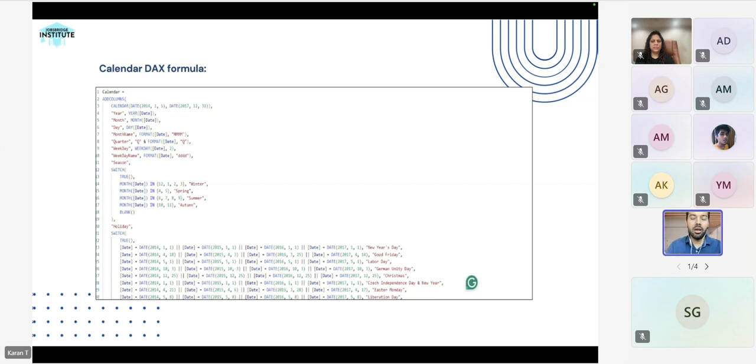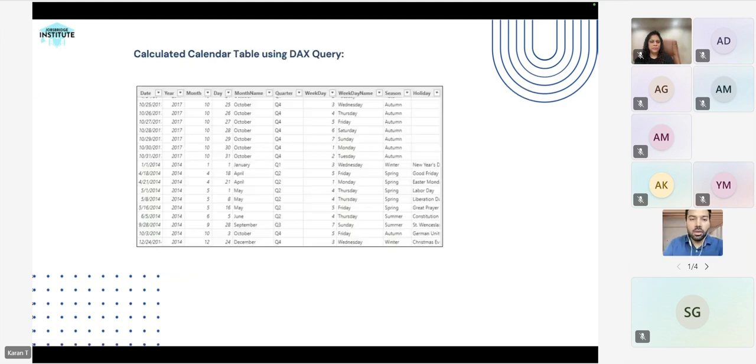Which is obviously dependent on the seasons in Europe, because we have European countries. And we have also narrowed down a few important holidays which are celebrated in these countries, so that we can see if there is a spike in sales during certain holidays. So this was just a glimpse of the DAX formula that we used. Moving on to the next slide.